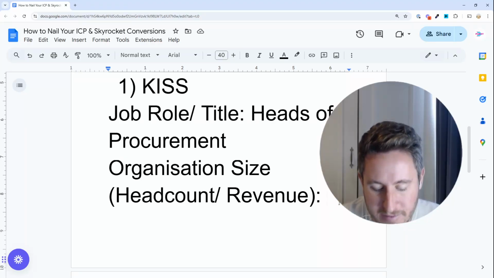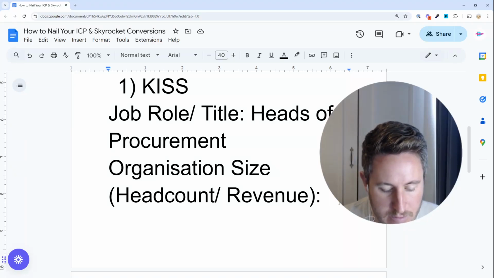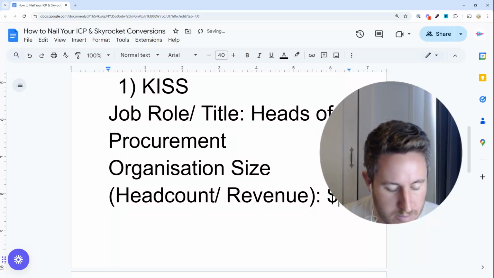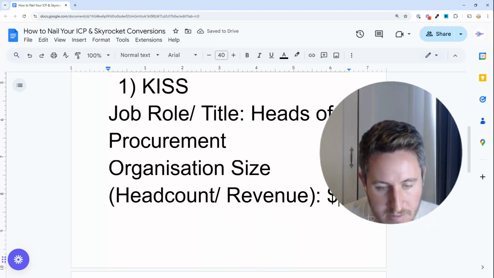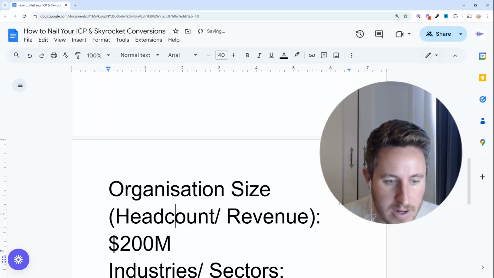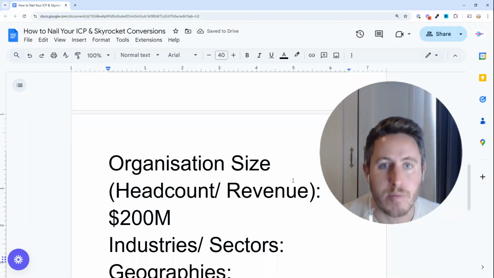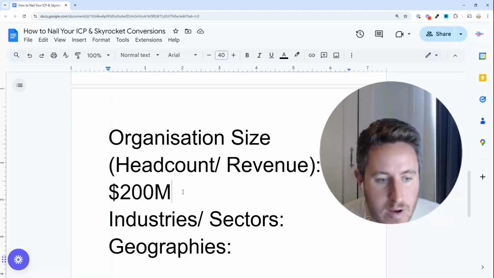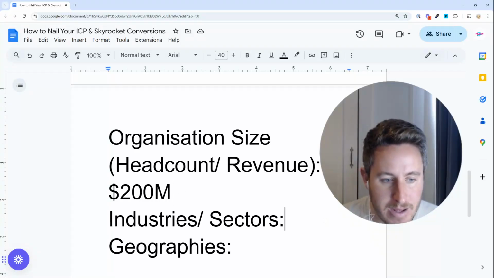So realistically, I think we said that they'd have to be turning over at least, let's just say 200 million annually to be a relevant customer. They need to be a head of procurement in an organization turning over at least 200 million.